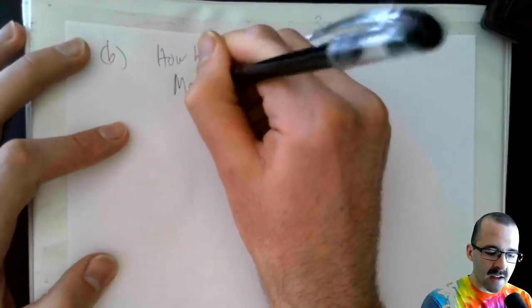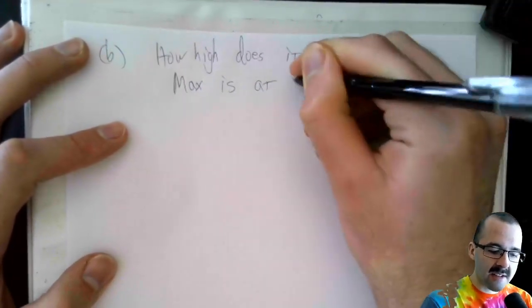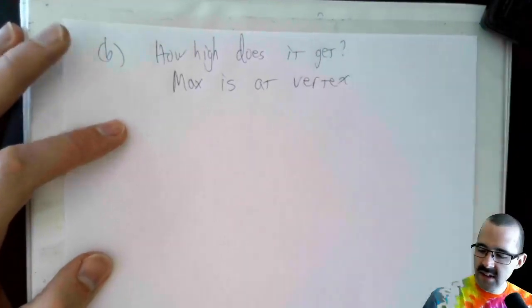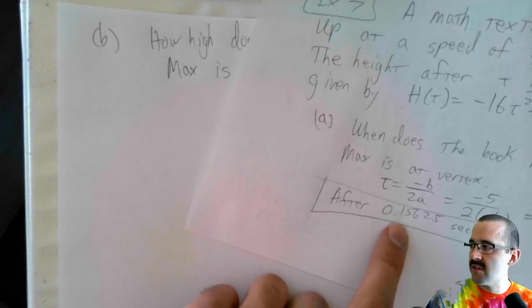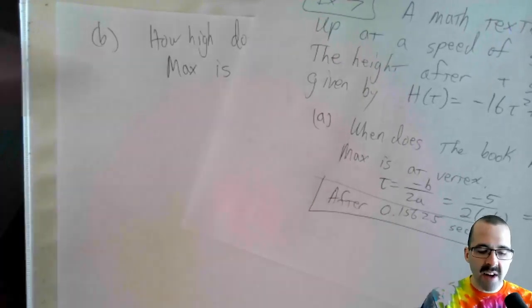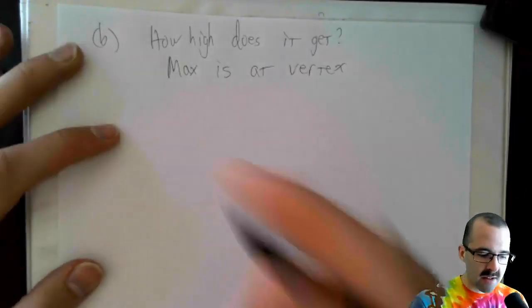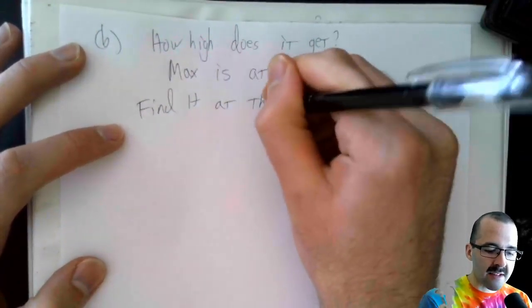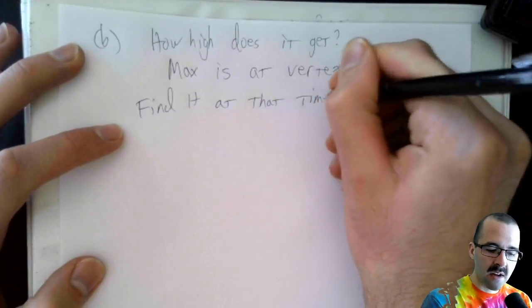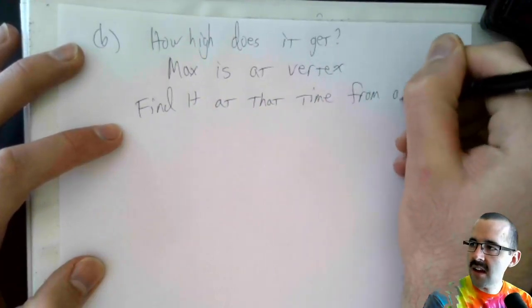Again, max is at the vertex. So what we did in part A is we found the input coordinate for the vertex. Now we need to find the output, right? So find h at that time from A.